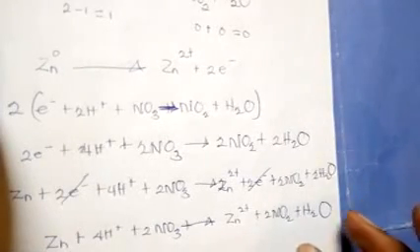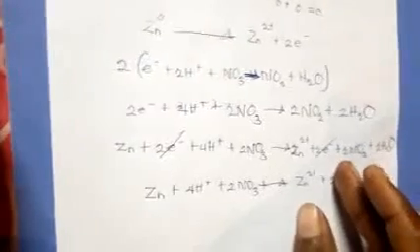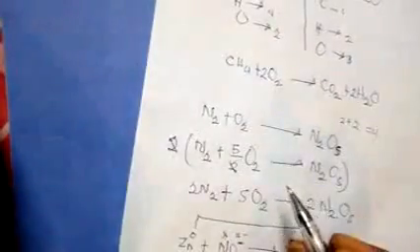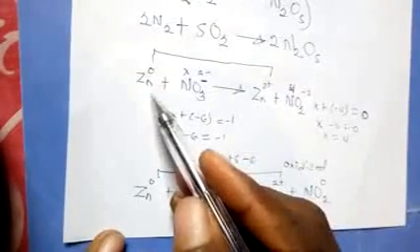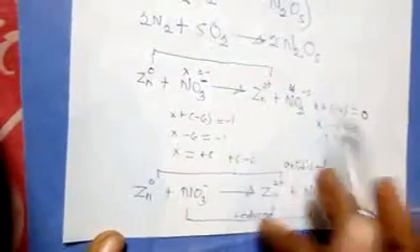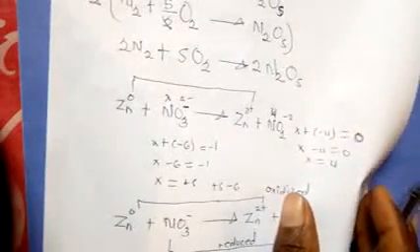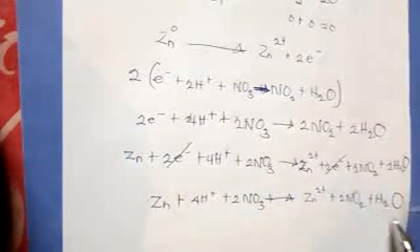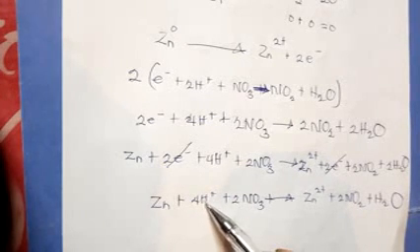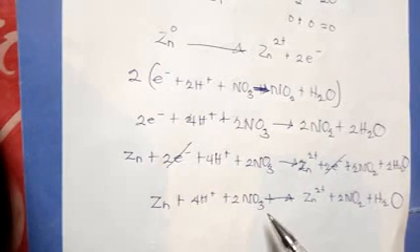Now, if this was an acidic solution, it would be balanced. But look at the beginning. The equation here was not acidic. The equation given was basic equation. So it needs to be converted from acidic equation to basic equation, because it's too acidic, because the concentration of the hydrogen ion exceeds the hydroxide ion.